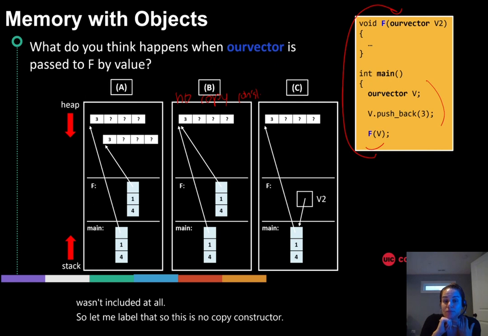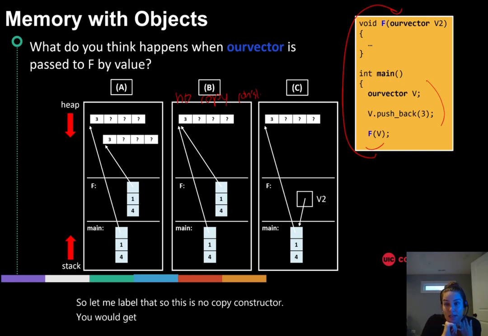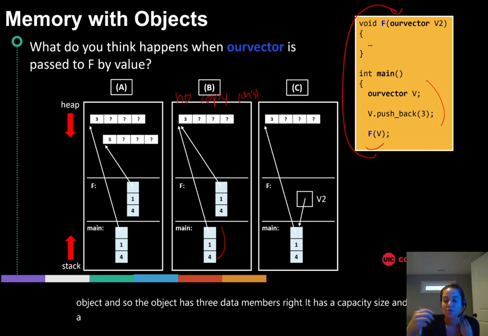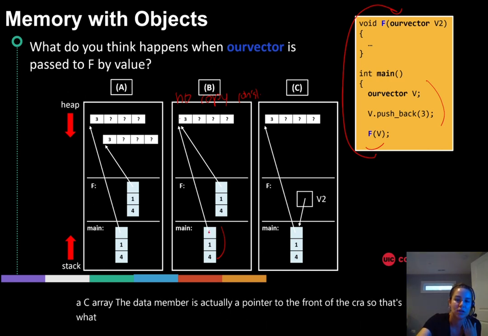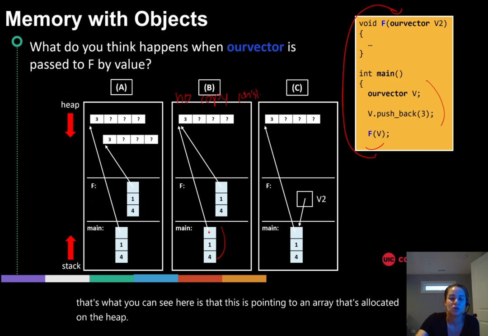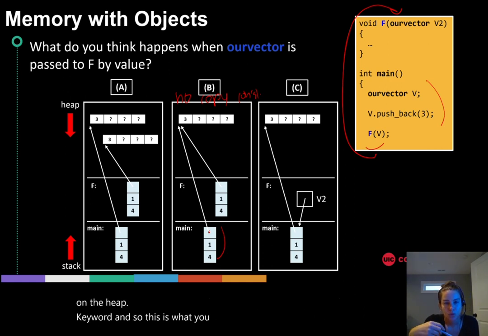You would get B. What's happening is that in main, you are creating the object, and the object has 3 data members: a capacity, a size, and a C array. The data member is actually a pointer to the front of a C array, so that's what you can see here, that this is pointing to an array that's allocated on the heap because we used the new keyword, and so this is what you get in main.